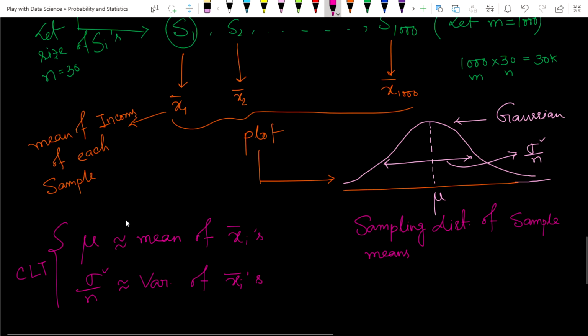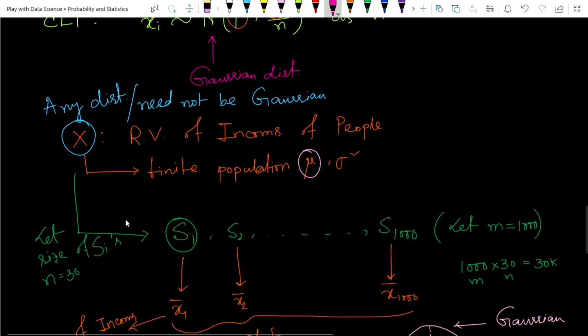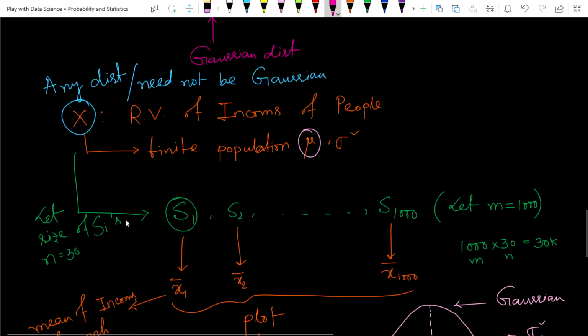I think you have understood the main concept of how the central limit theorem comes into the picture. Without knowing anything about our distribution, we can conclude some properties.